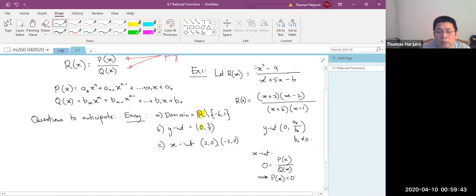So if you want to find the x-intercepts, all you need to do is find the zeros of the numerator. Of course you need to check that the zeros of the numerator are actually in the domain. In this case, 2 is in the domain, -2 is also in the domain. Is it okay?